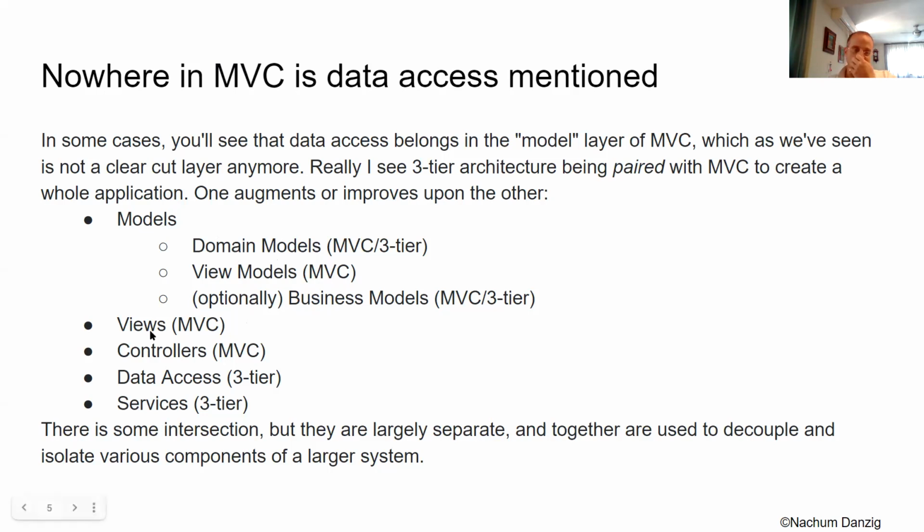Then we have the views, how to view the data. And then we have the controllers, how we'll limit the way we modify the data. We're not going to allow direct access to the data model. The controller will allow us to control the data. And then we can put on top of that the data access and the services from the three-tier.